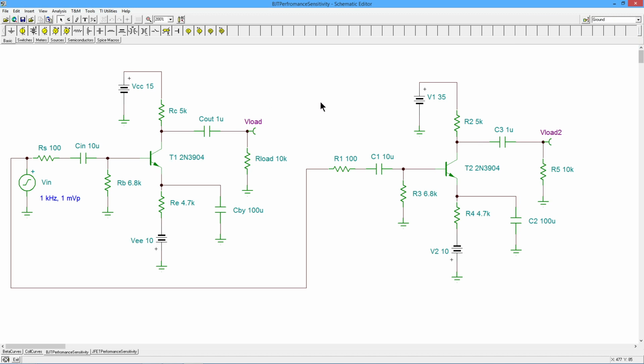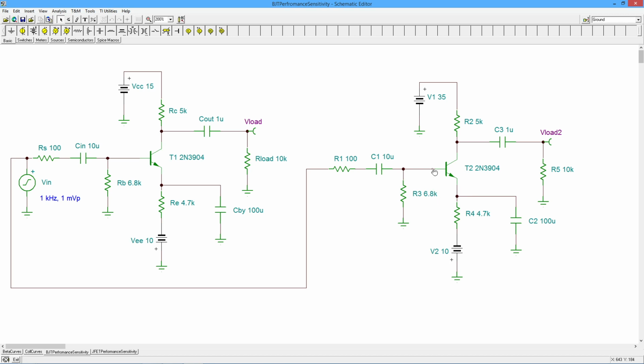But because this does have a much bigger reverse bias, we do in fact expect this to have a larger beta. And what does that do? Well, that will increase the Z in base over here. Remember, Z in base is going to be beta times R prime E in a non-swamped amplifier. So even if the R prime E's are virtually the same, a bigger beta is going to produce a bigger Z in base.